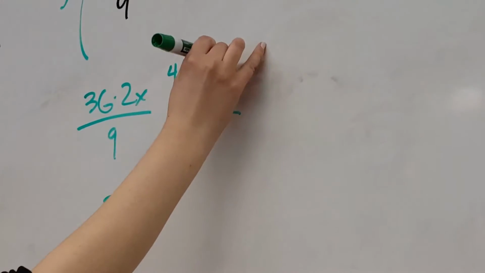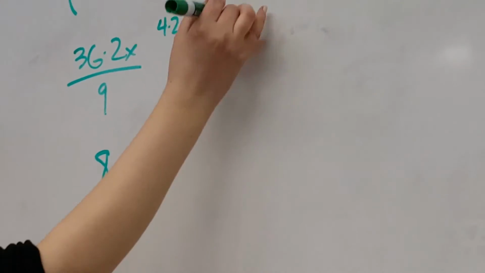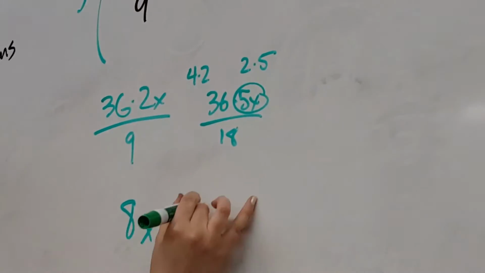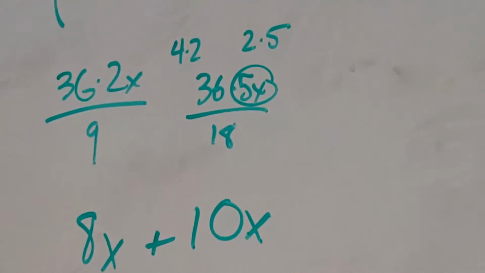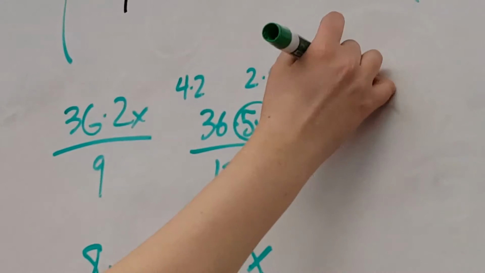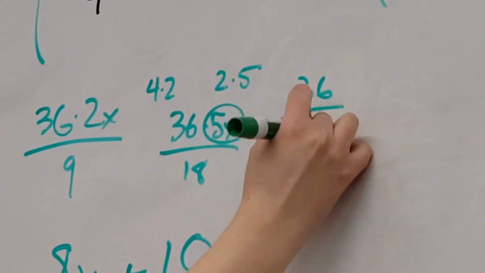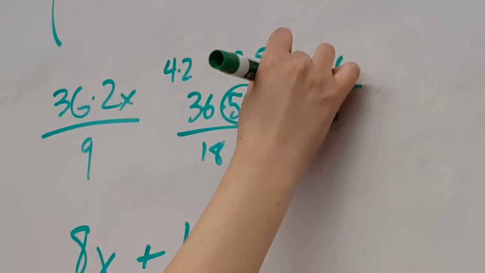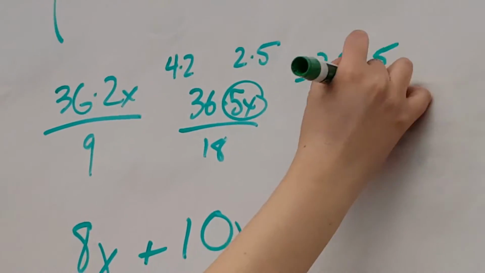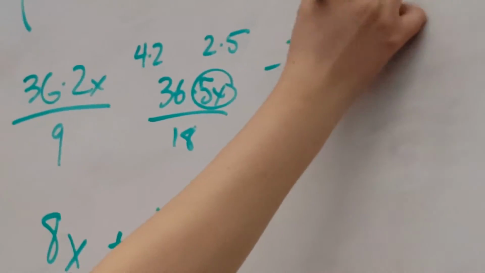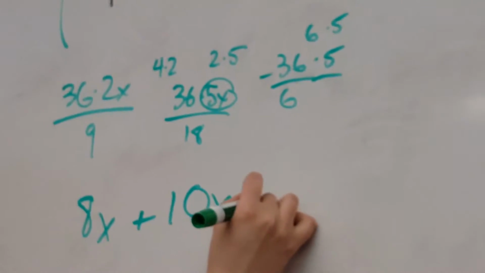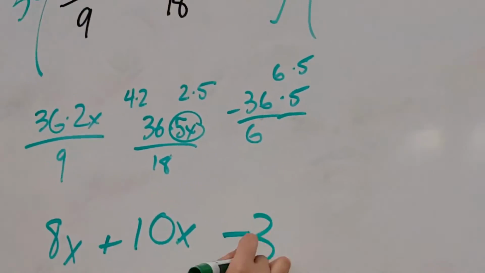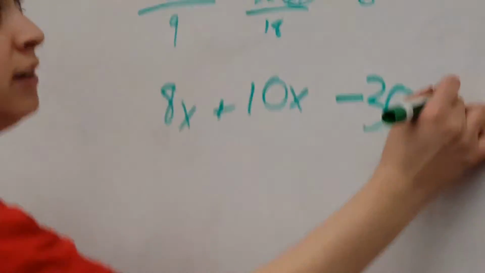That is 2. Then I'm going to have this 5 left over, so 2 times 5 is 10. Then I'm going to think, what is 36 divided by 6? Which will be 6. And 6 times 5 is 30. But this is a negative, so I'm going to subtract and have minus 30.